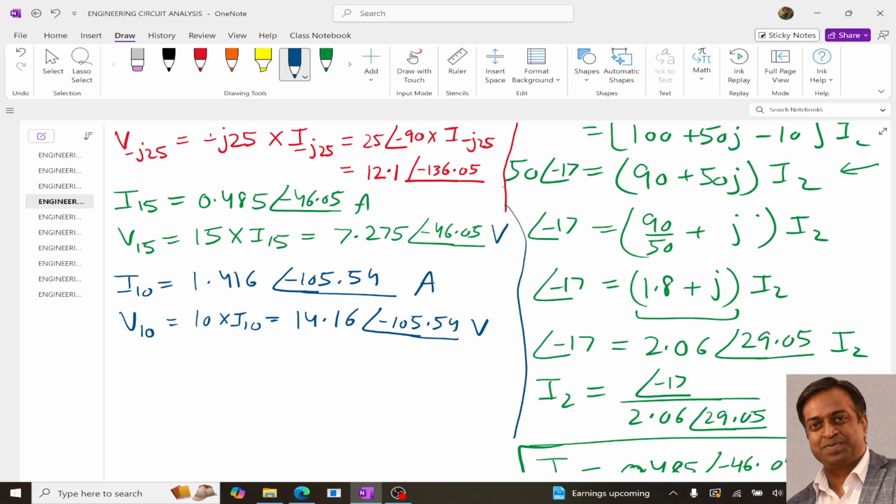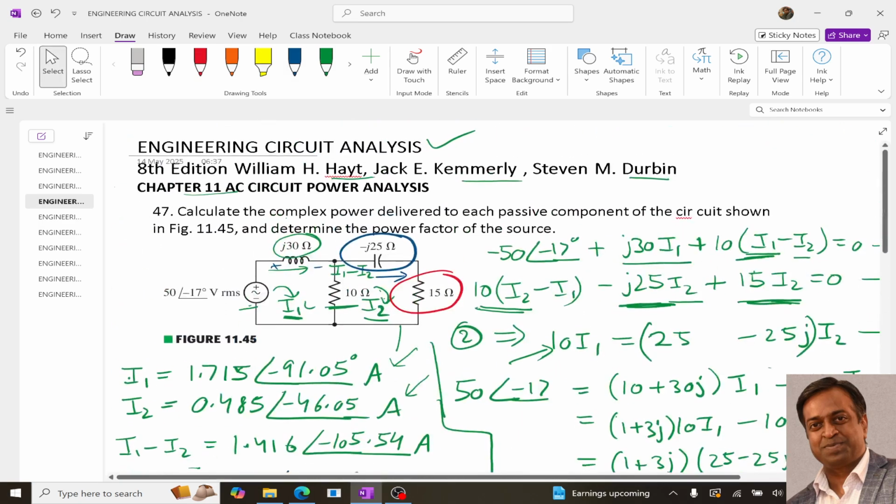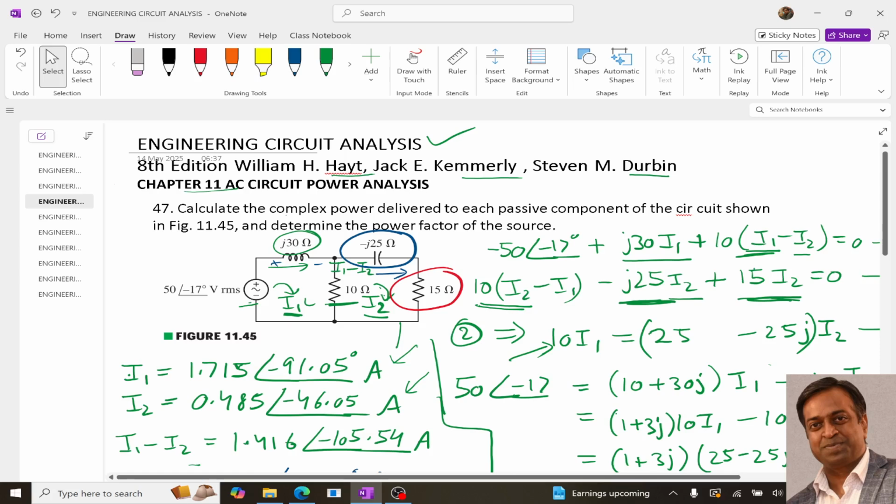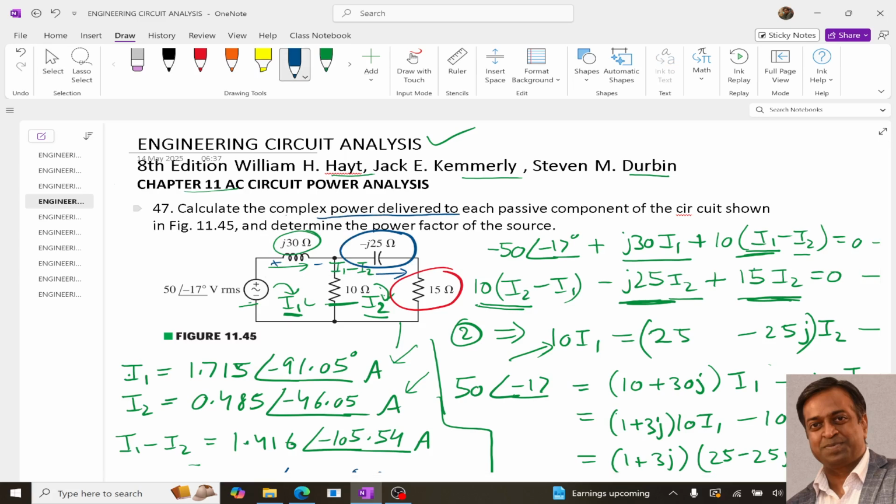Now once we get all the currents and voltages, coming back to the question, it says that we need to determine the complex power delivered to each component. We know that complex power is represented as S, and it is P plus jQ. And what is P?